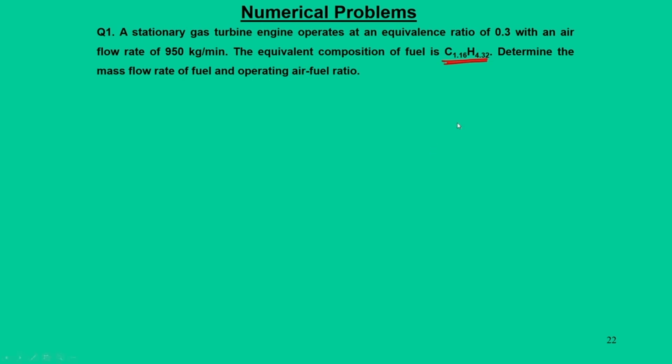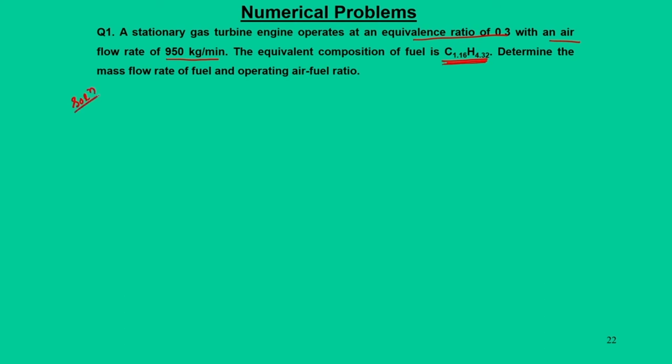What we are trying to do is revisit how to calculate the air fuel ratio, fuel air ratio, mass flow rate, all these fundamental concepts. The problem given to us is that we know the equivalence ratio, which is 0.3, and the air flow rate, which is 950 kg per minute. We are given the composition of the fuel, and we need to calculate the mass flow rate of the fuel and the air fuel ratio.